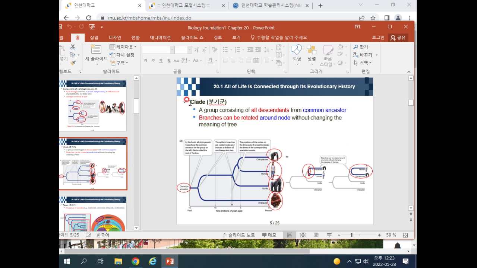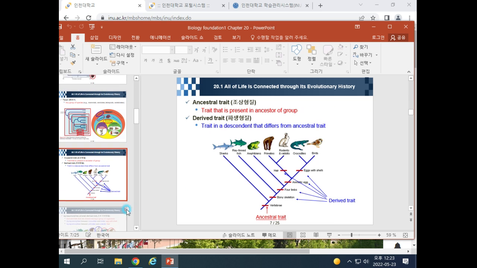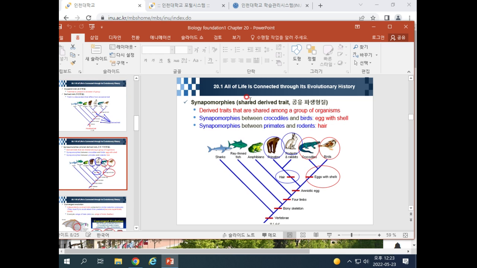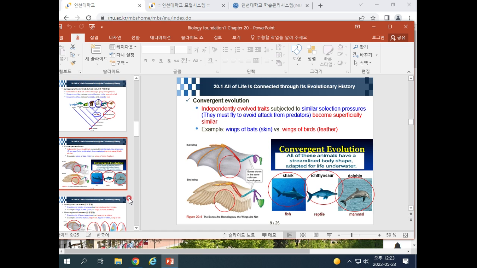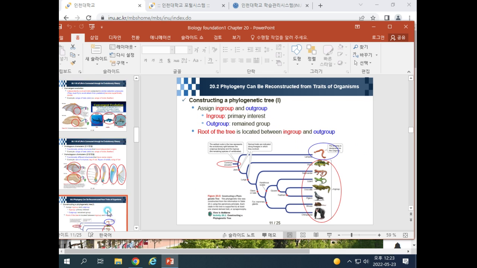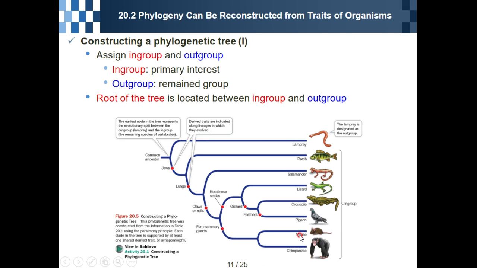We also covered clade and what a taxon is. And we covered ancestral traits and derived traits, and shared derived traits, which we call synapomorphism. And we covered convergent, analogous characters and homologous characters. So this is the first subject. Now we will go to the second subject.